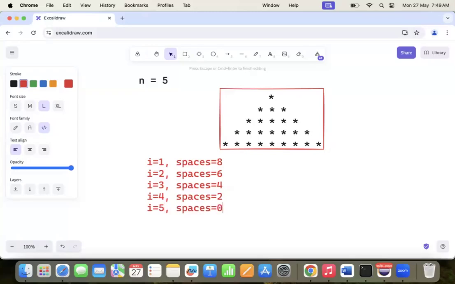Now, Felix, could you tell me how many spaces required when i is equal to 1? Can you form a logic between the value of i and the number of spaces based on the value of n? 2 into n minus 1.